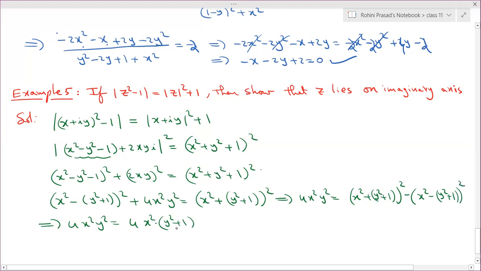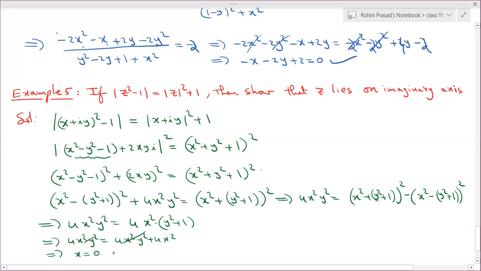So a plus b whole square minus a minus b whole square is 4ab. Now if you open the bracket, the 4x square y square equal to 4x square y square plus 4x square. This gets cancelled, and x square equal to 0 and x equal to 0.